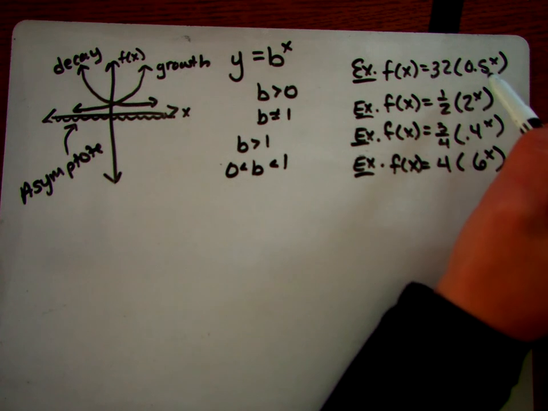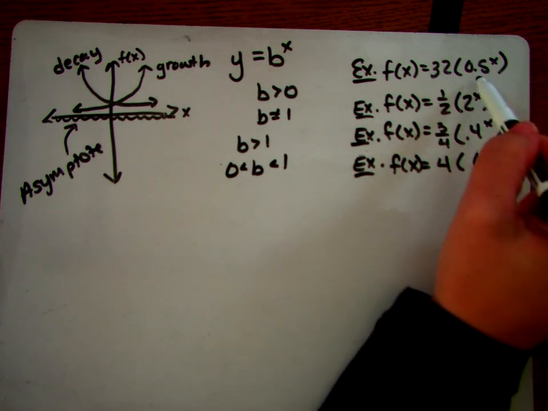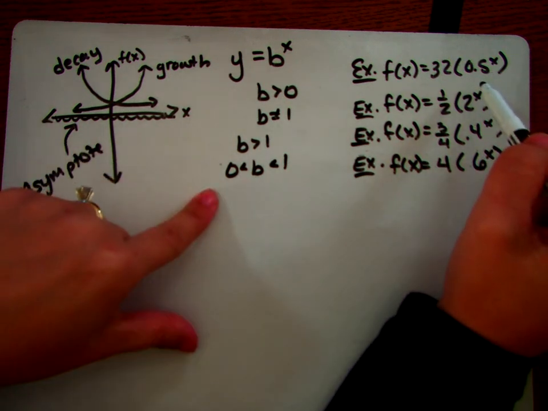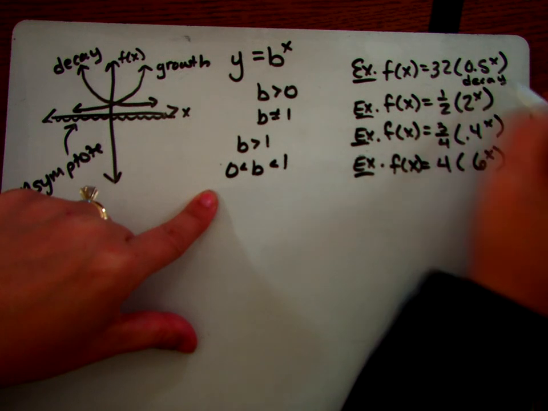Here is an equation you might see. The only thing I care about is the number that's being raised to the exponent. 0.5: is it greater than 1, or is it between 0 and 1? That is less than 1, so it's decay. 2, is it greater than 1?